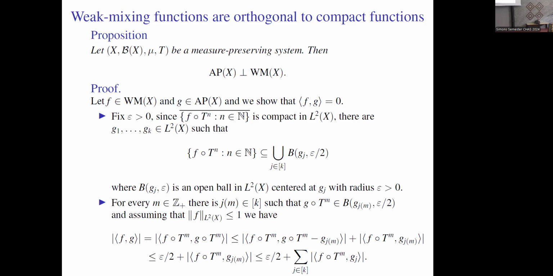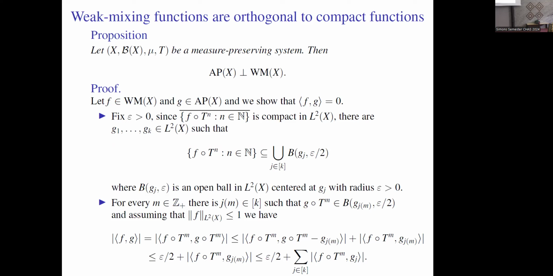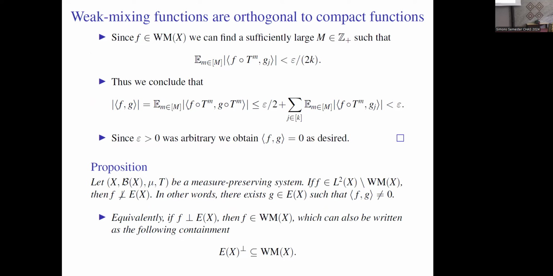So here is the proof which shows that this set of compact almost periodic functions is orthogonal to this set. Maybe I'll skip this. This is just a technical thing.